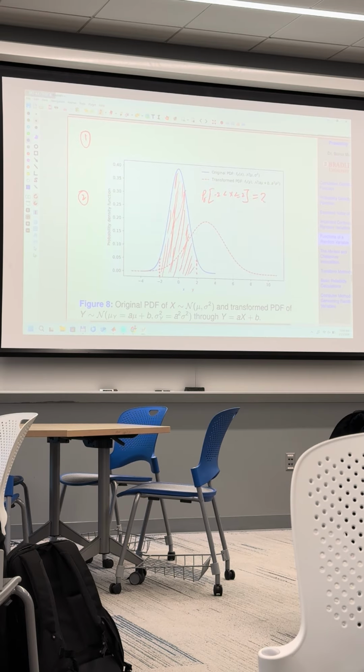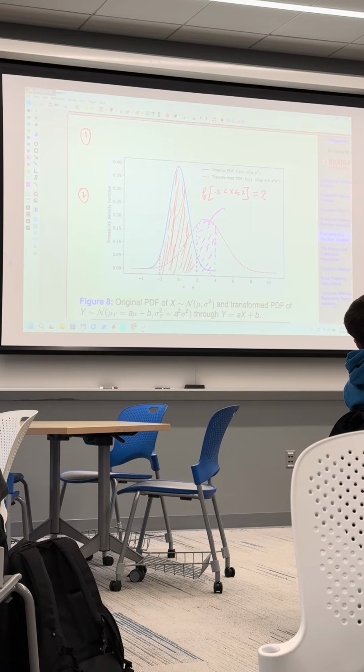So what you do, I'm going to use this color. From 2, from random variable y, you shade this part. Okay?